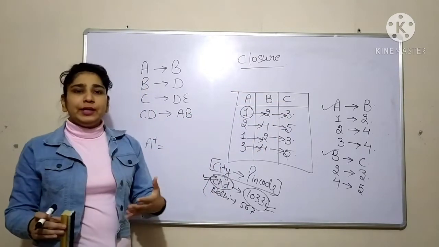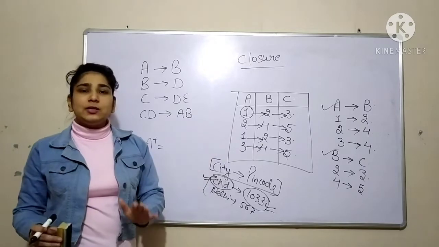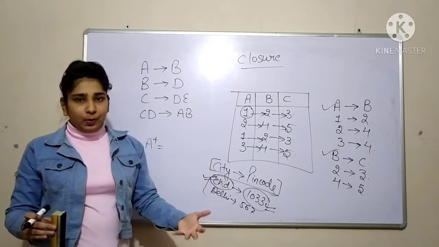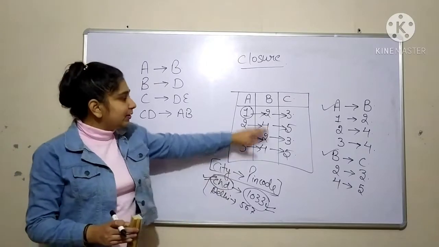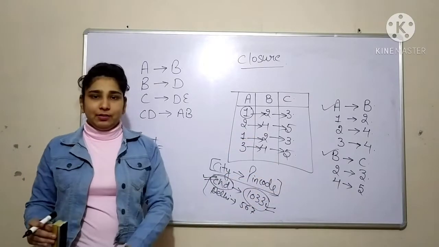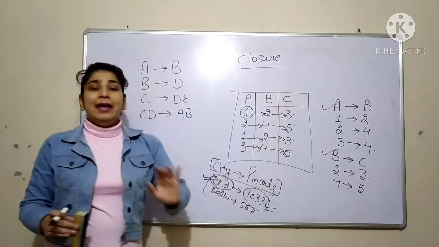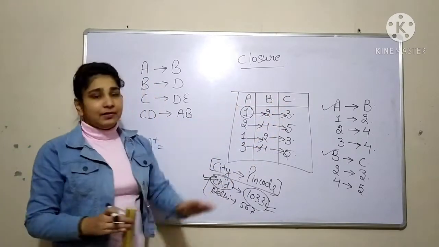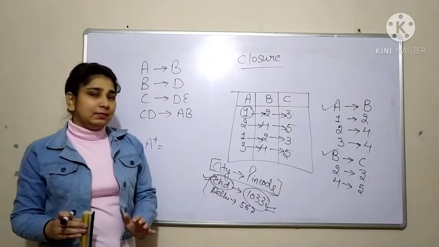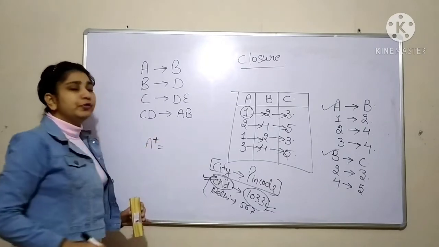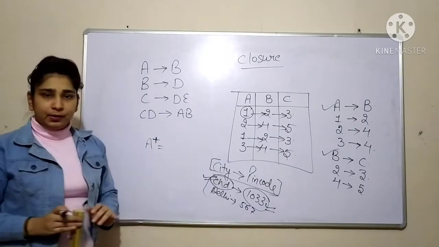You will be storing data in the relation only when your complete project is made. Initially, you just have the knowledge of the attributes, and by just looking at the attributes, you have to determine the candidate key. Okay, so I now have to find out the closure.